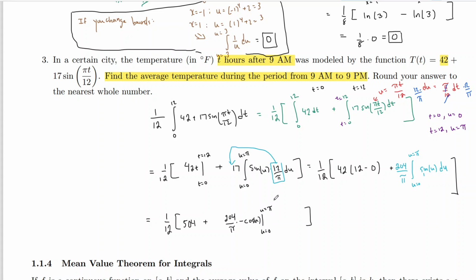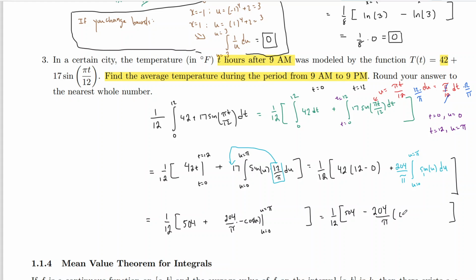All right, and let's just continue here. So we got 1 over 12, big bracket. We have 504 in front, plus, but because I have a negative here, I'm actually going to just make this a minus 204 over pi. And then I want to plug in pi for u, and then subtract and plug in 0 for u.